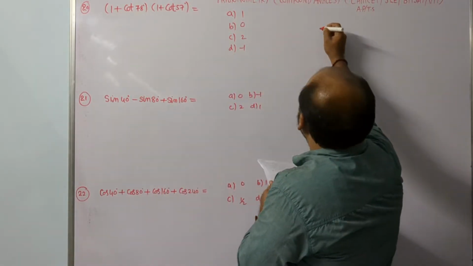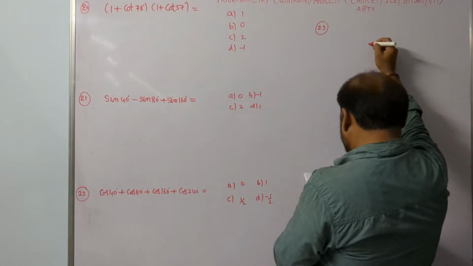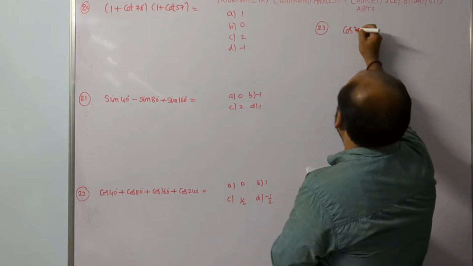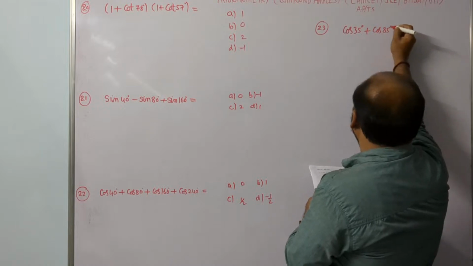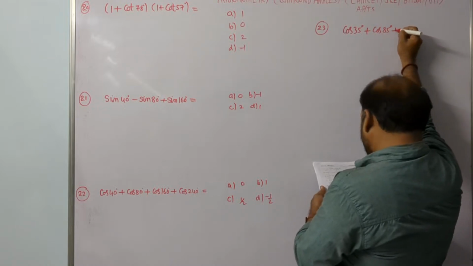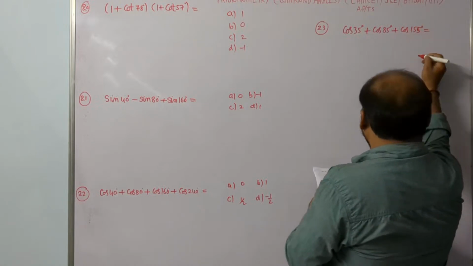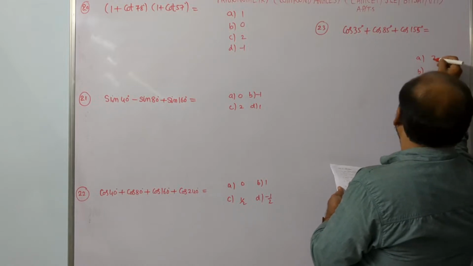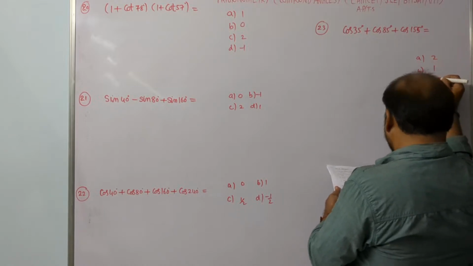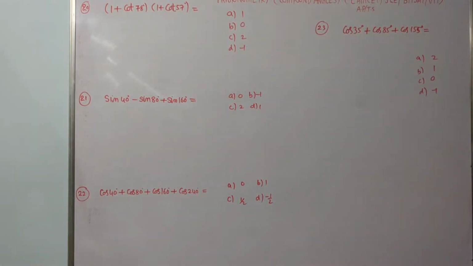After that, question number 23: cos 35 degrees plus cos 85 degrees plus cos 155 degrees is equal to 2, 1, 0, minus 1. Other set of questions, I will do it.